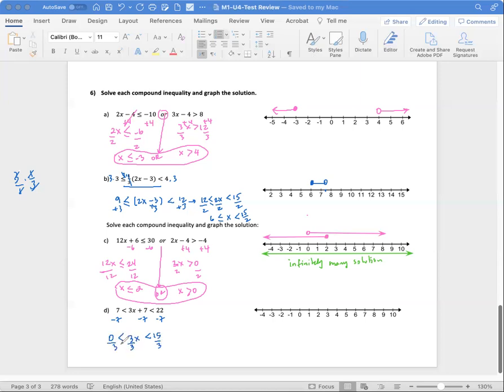So keep the 0. 0 divided by 3 is 0, less than 1x or just x, which is less than 15 divided by 3 is 5. So you're saying x is literally between what? 0 and 5, open circle at 0, open circle at 5, and you want x to be just in between the two. Okay, and this is how this works.